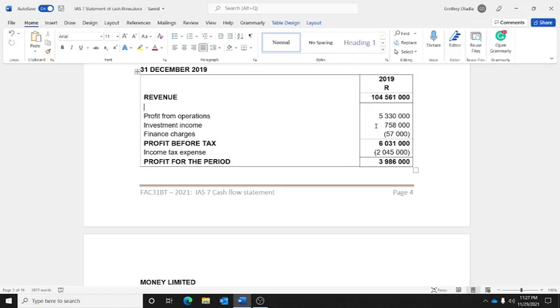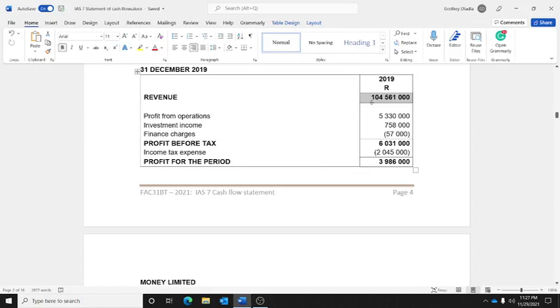Then after cost of sales, obviously you'll have your gross profit, because revenue minus cost of sales gives us the gross profit. And then you've got other income, you've got other expenses. But be careful. If I take this figure here and I subtract it from this one, it gives me all those things: your cost of sales, your other income, your other expenses. They are there in that difference, right?